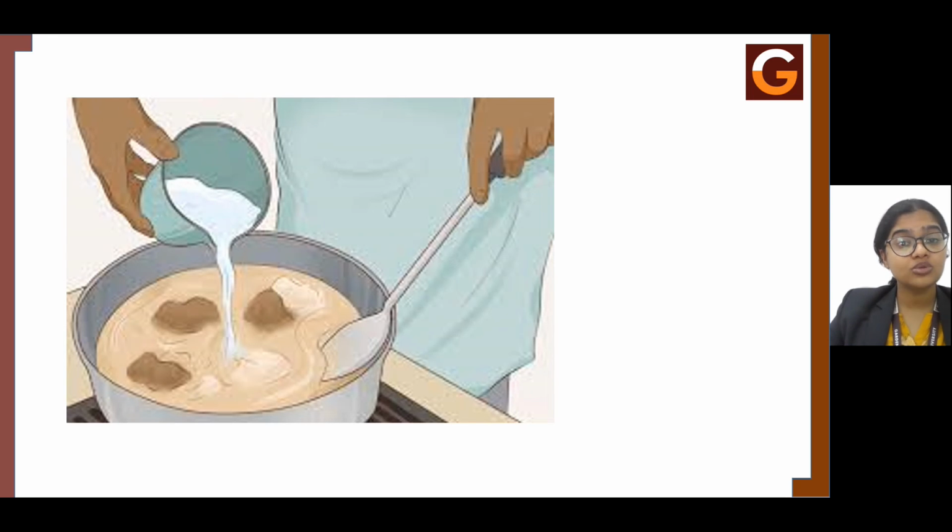If you want to make a brown stock, then we use a brown roux where we toss the flour and butter until it turns to a nutty flavor and light brown color, and then the liquid is added. So this is what the consistency of the roux is.